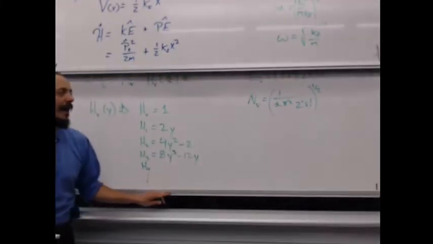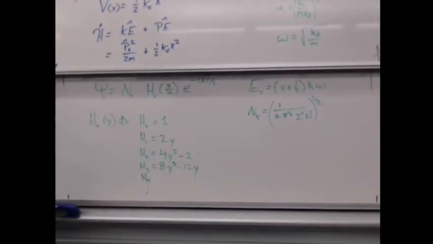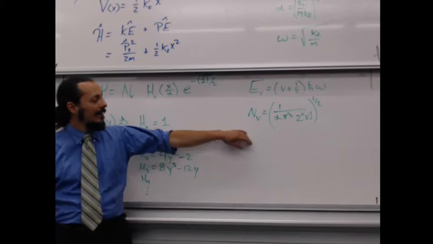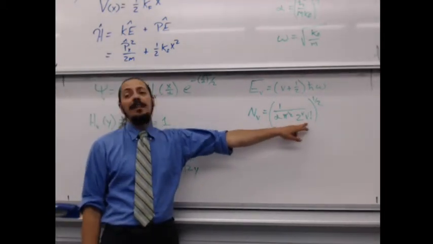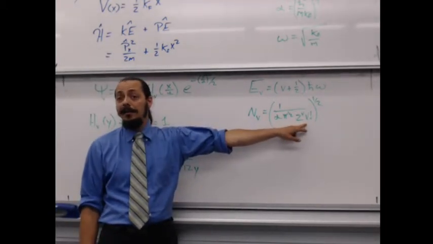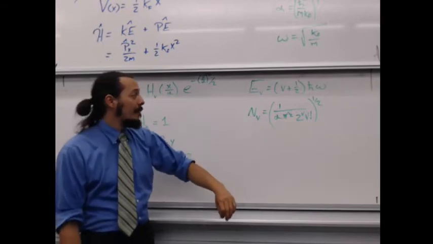So if I was feeling quite malicious, I could make you normalize 6 or 10 of these and then get you to start recognizing the pattern. I don't know if you'd recognize 2 to the power of v times v factorial in the pattern, but there is a pattern to that.